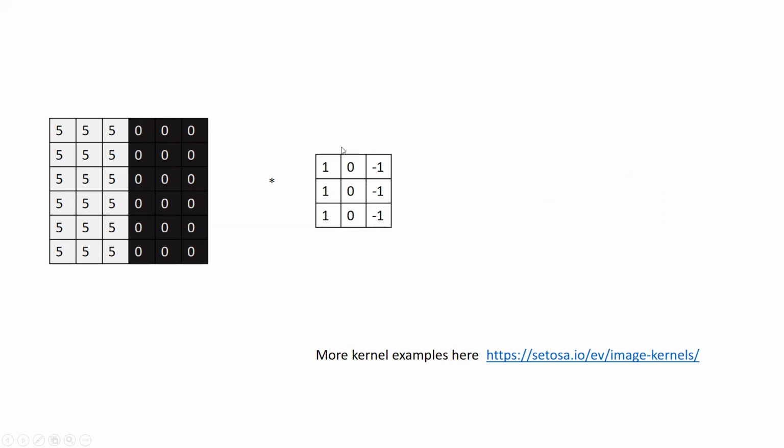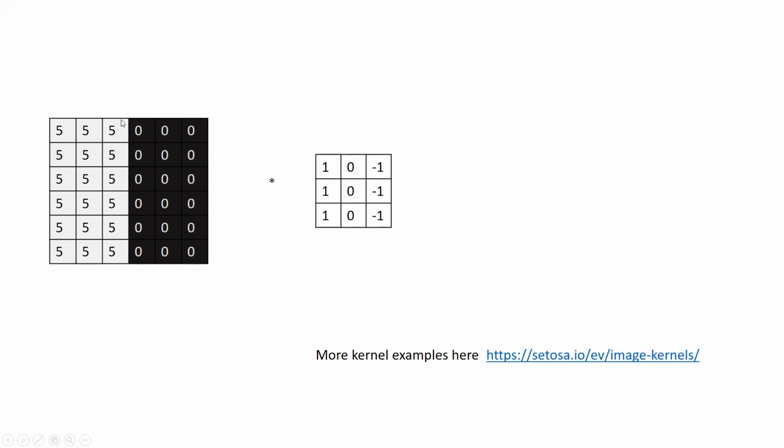So, especially if you're a bit of a Photoshop aficionado, if you go in the filters category, you may have seen things like Sobel filters, which are edge detectors, basically. In this case, this particular kernel, I believe, is a Sobel filter, and it's designed to pick up edges in an image.